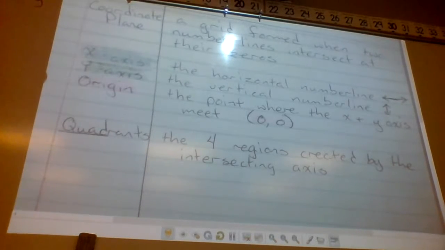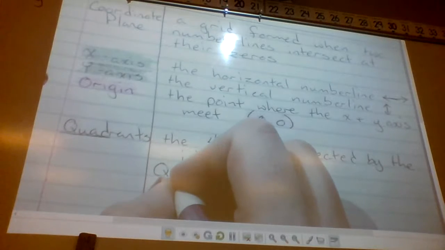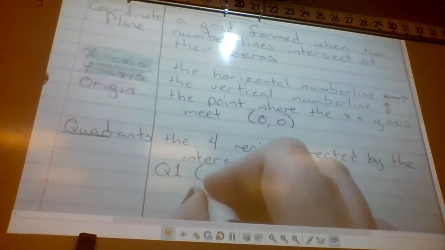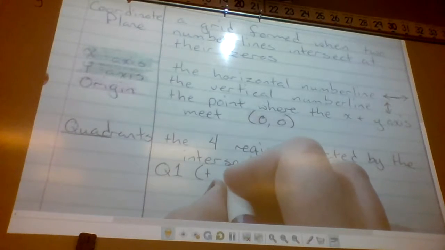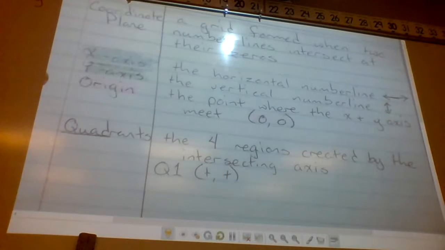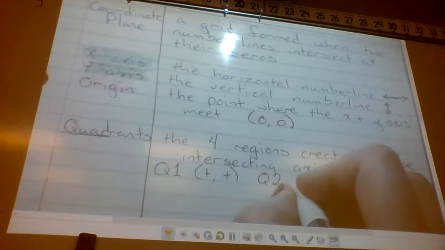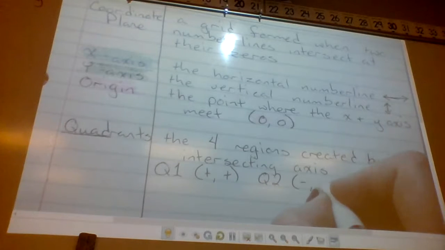I'm gonna shorthand them, but quadrant 1, those are gonna have a positive and a positive. Quadrant 2 is a negative, positive.